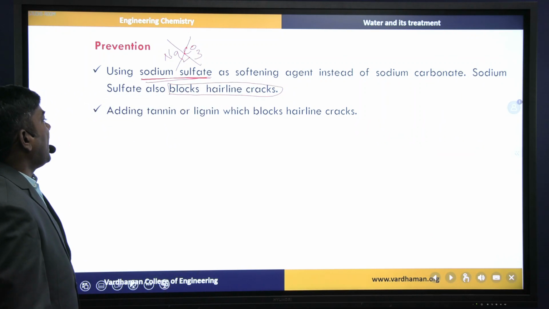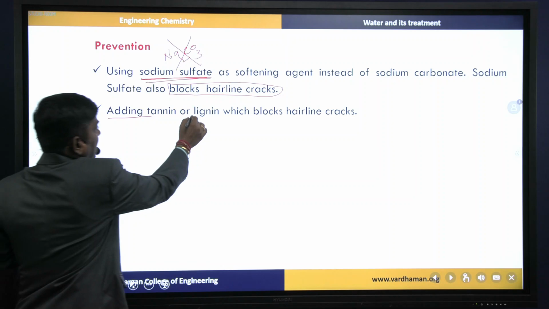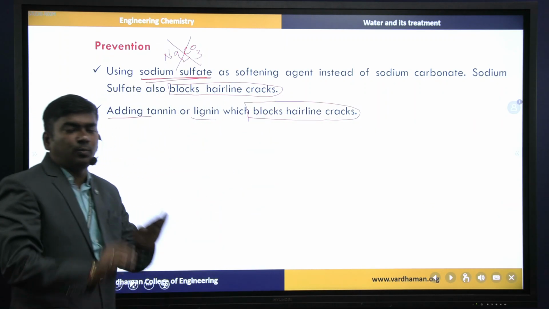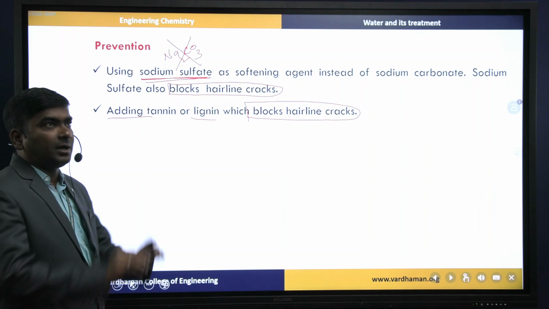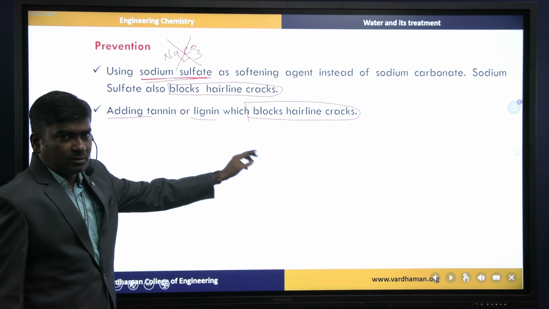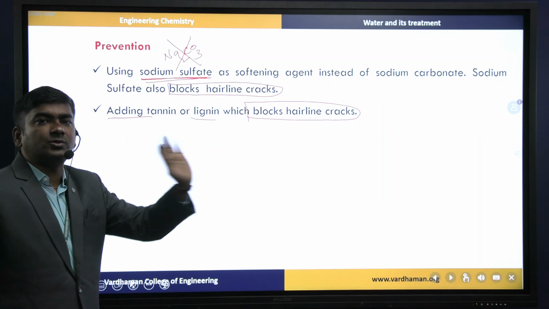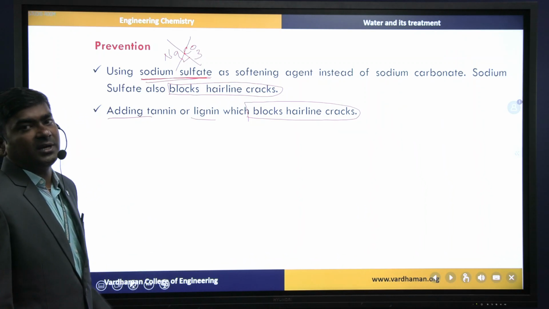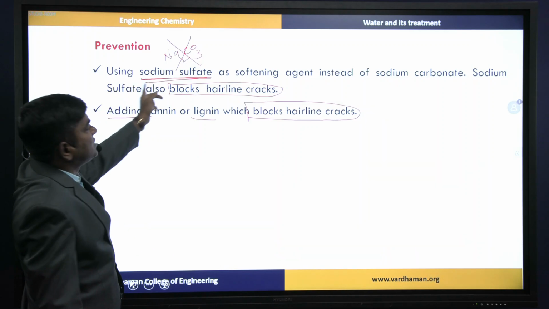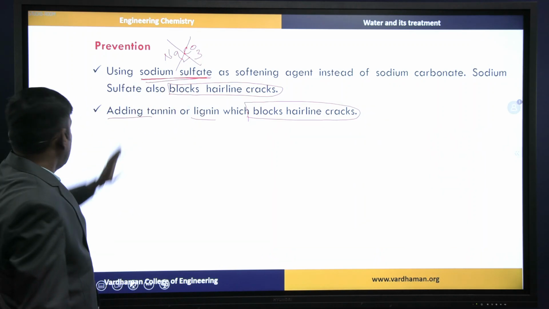Next, add tannin lignin, which also blocks hairline cracks. So first you block whatever cracks are there inside the boiler wall, then you go forward using sodium carbonate. That is one method. Another method is directly using sodium sulfate instead of sodium carbonate.